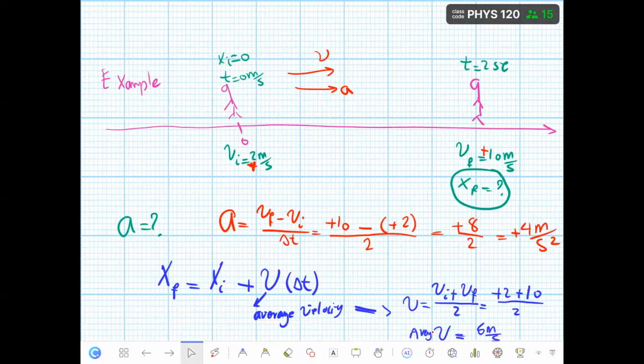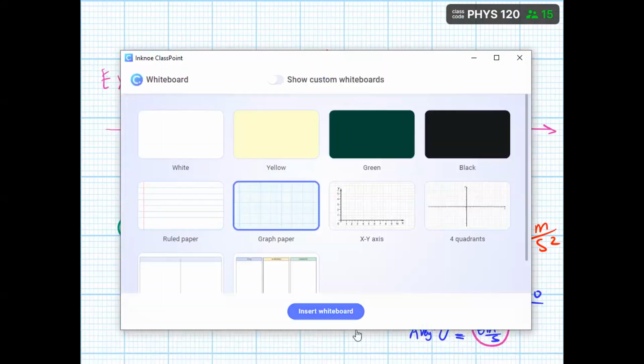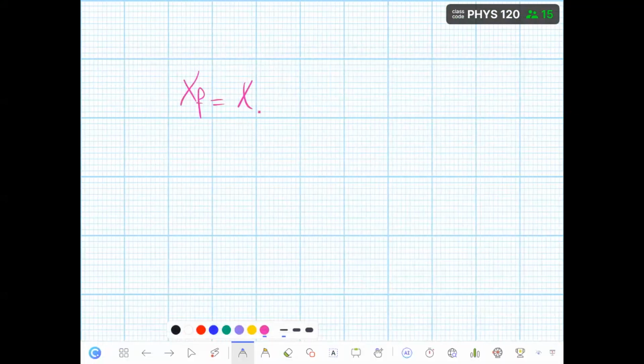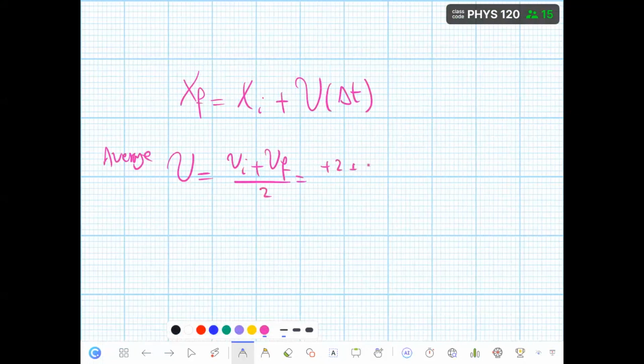Now I can place this average velocity here. Let me write the next one on the next page. It was xf equals xi plus v times delta t. I found the average velocity: Vi plus Vf divided by 2, positive 2 plus positive 10 divided by 2, so positive 6 meters per second.